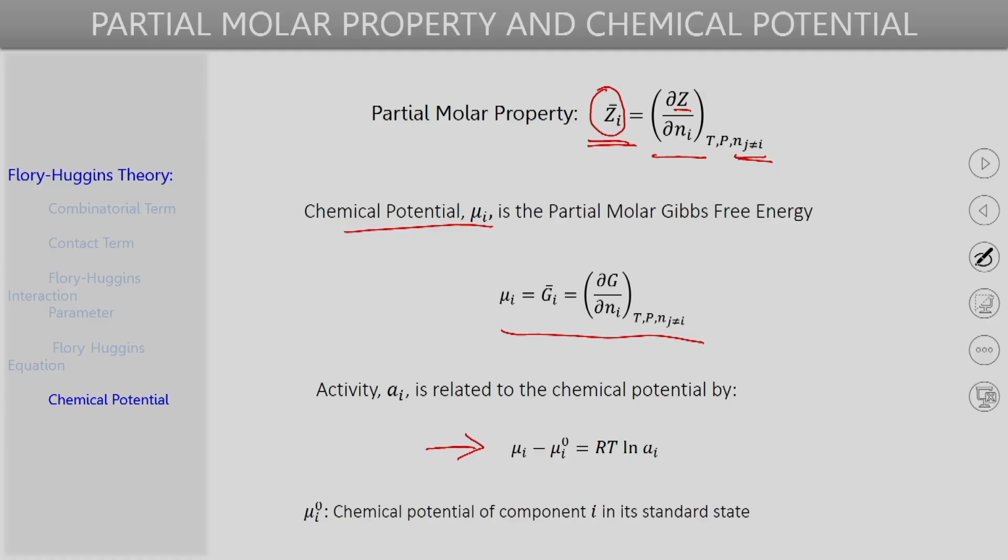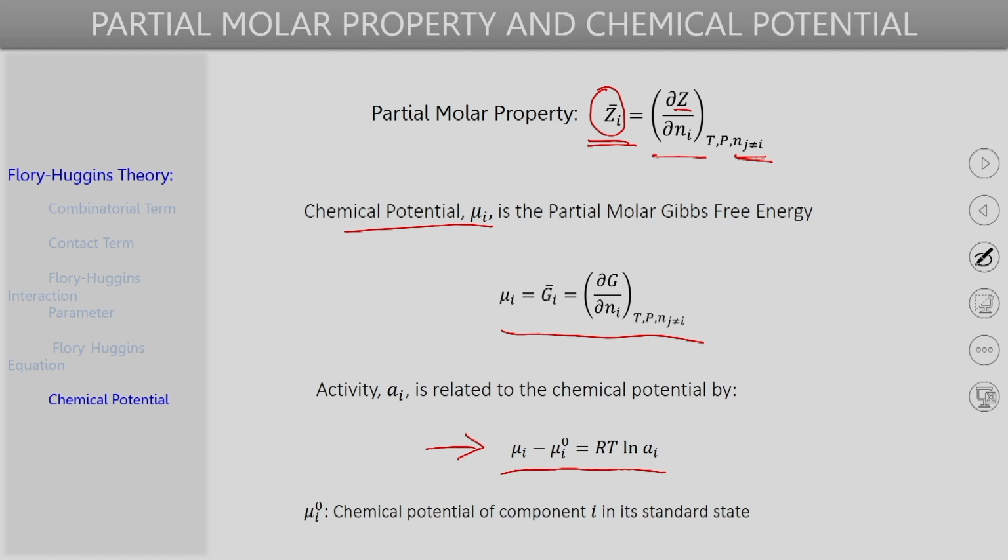is the relation between this chemical potential and activity of a given component in a solution. This activity is related to chemical potential through the expression here, which states that mu i minus mu i naught is equal to RT ln a i.